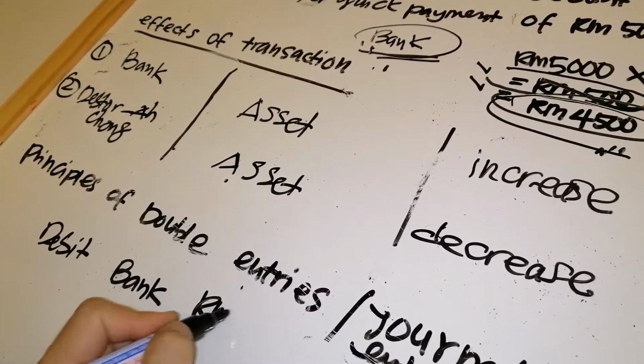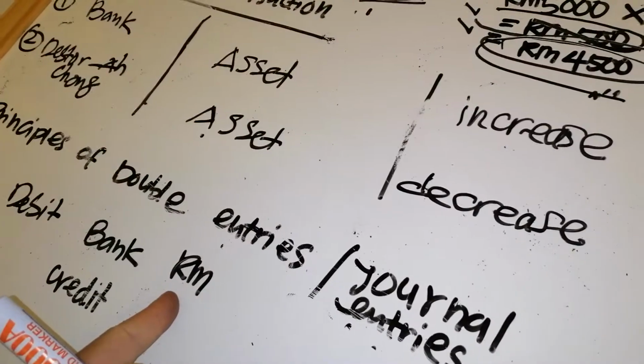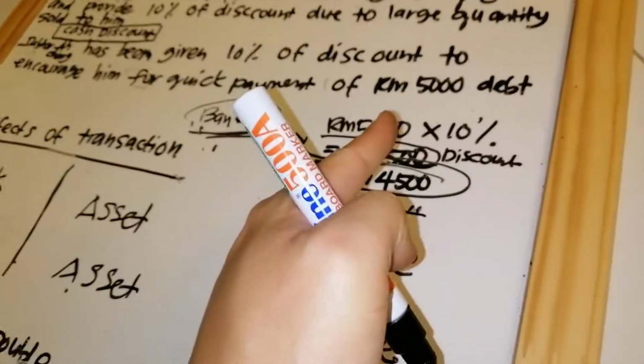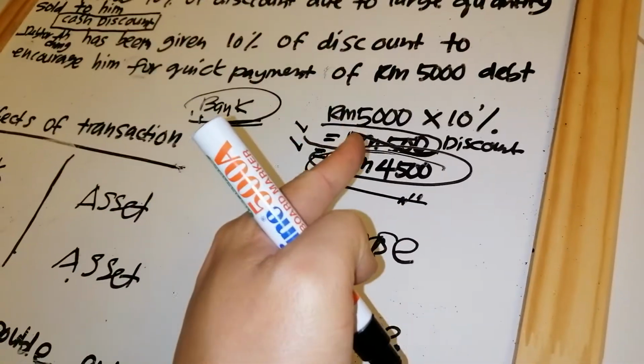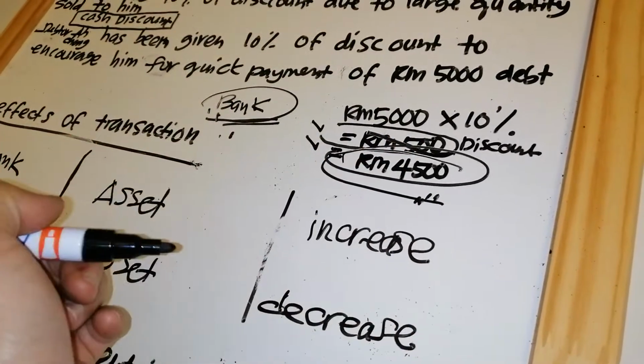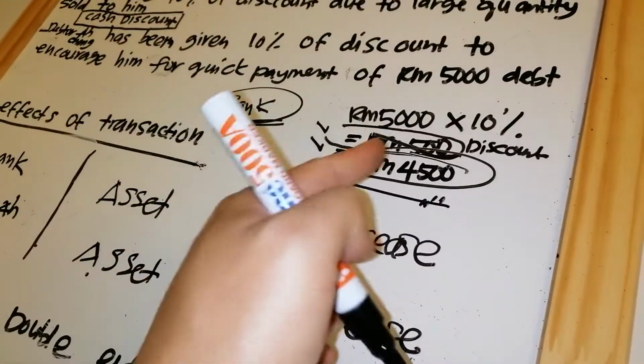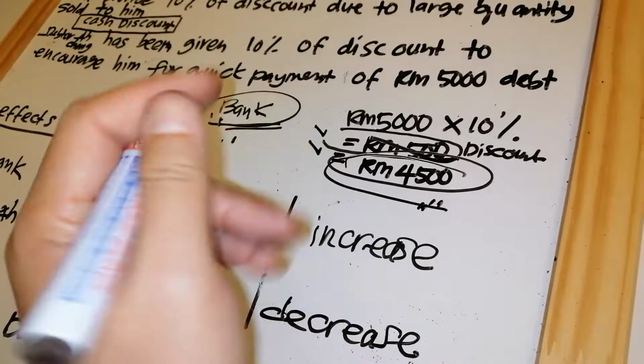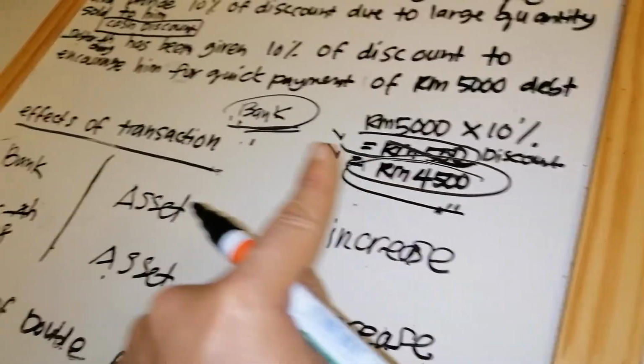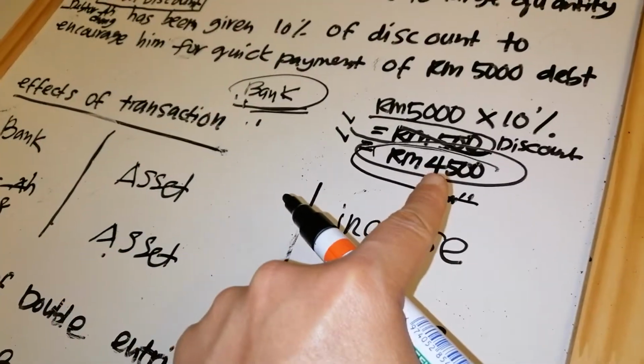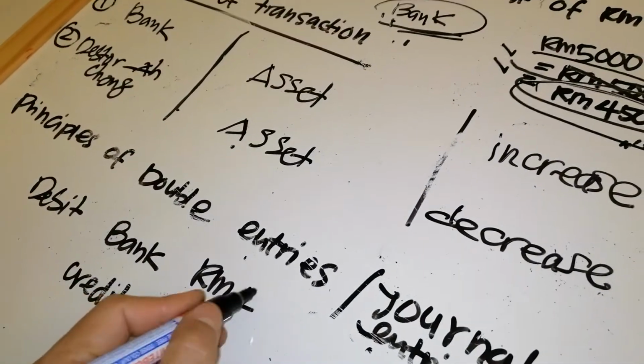How much? This is another issue. You cannot record 5,000. You cannot record 500. The 500 we already recorded earlier. So we just record the amount that the debtor pays to your business. The balance is 4,500.